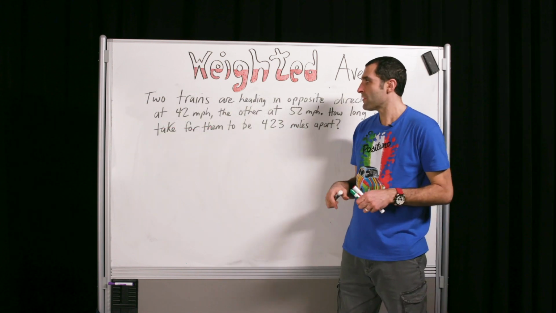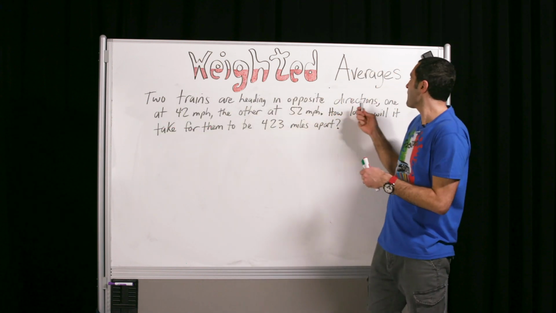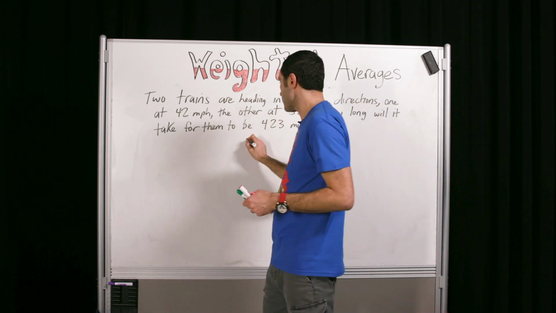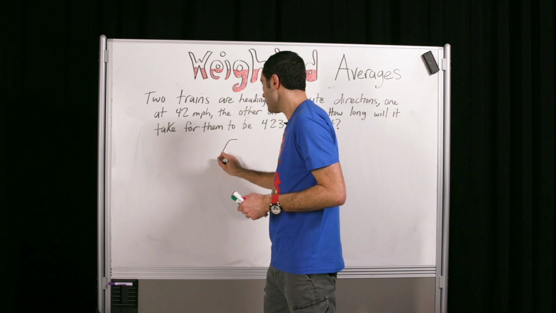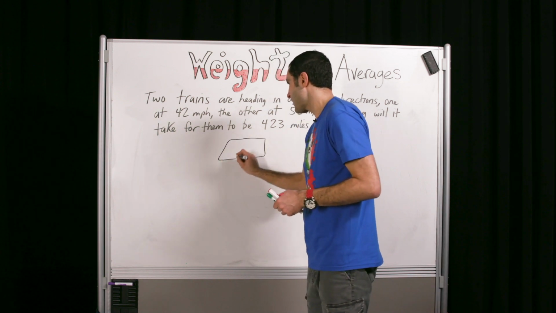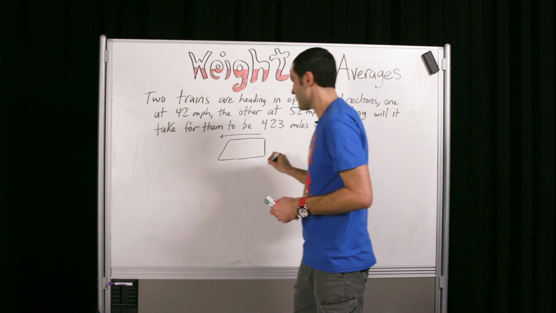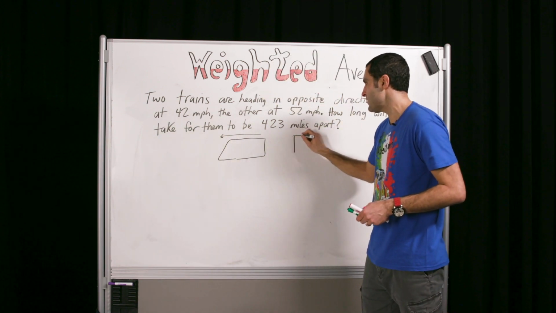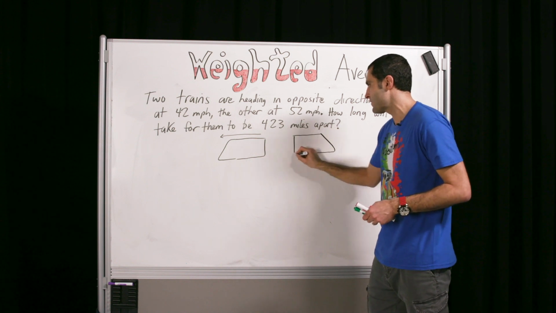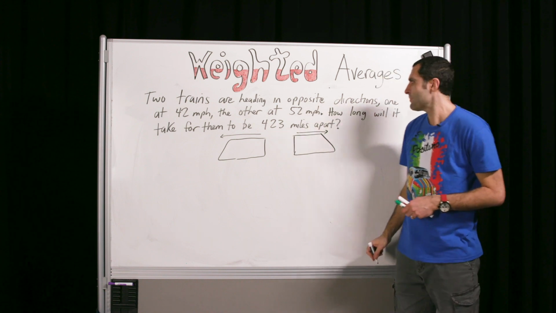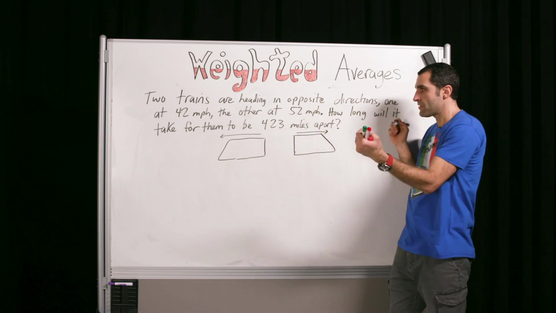Next problem. Two trains are heading in opposite directions. Let's draw them. Let's draw the two trains. There we go. It's a short train. It's all good. Heading in opposite directions.